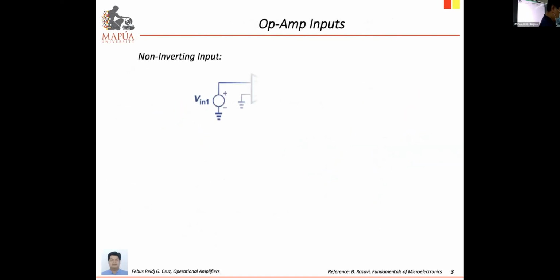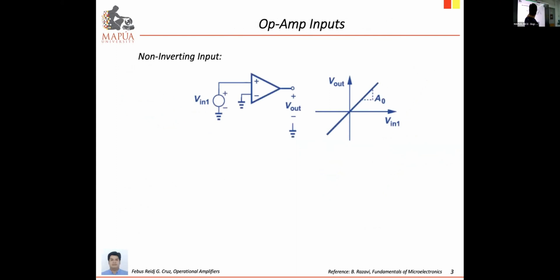Now, as for our inputs, again, we have the non-inverting input, that is the positive sign input. And with respect to the output, they have the same phase. If the input at the positive is negative, the output will also be negative. While if the input is positive, the output will also be positive. So they have the same polarity or same phase.